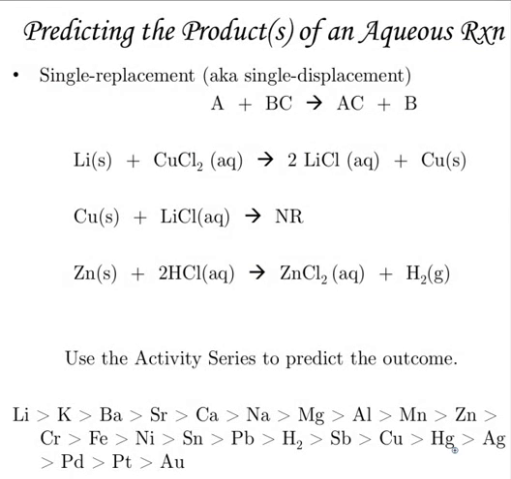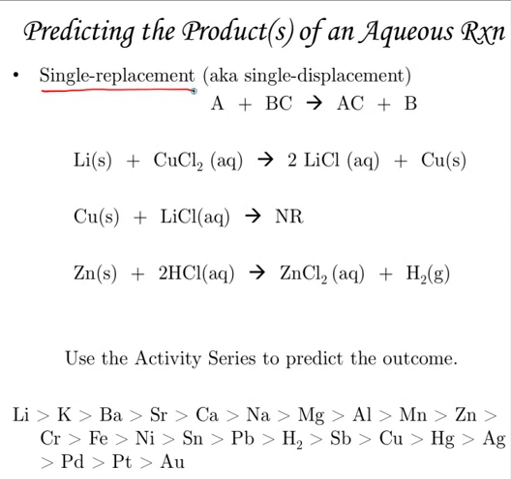All right. Now that we've gotten those vocabulary terms out of the way, what we're going to do right now is study specific types of aqueous reactions, and we're going to learn how to predict the products. The first type of aqueous reaction is what we call a single replacement reaction, also known as single displacement.